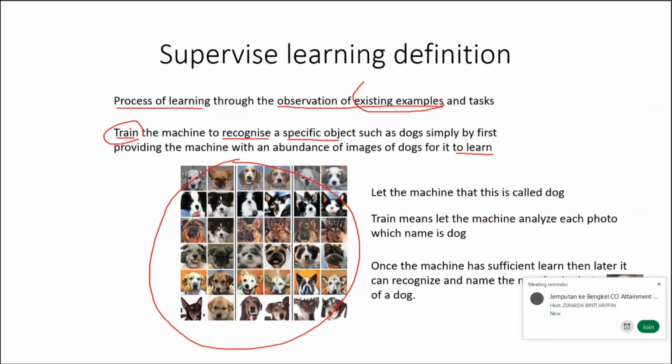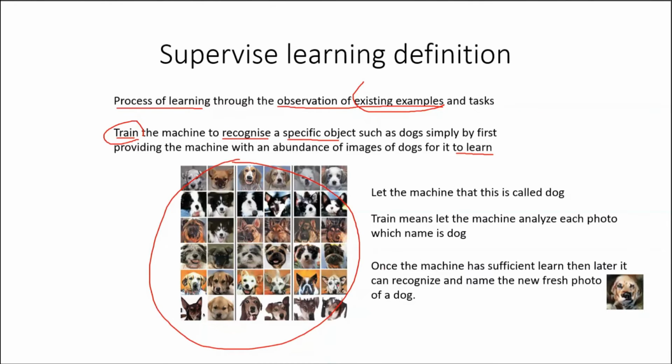So train means let the machine analyze each photo which is named a dog. So you're going to go through each one. Okay, once the machine has learned sufficiently, later it can recognize the name of a new, fresh photo. So when you give a new photo, it can say that this is a dog. Because when it analyzes this, it looks similar to what it analyzed before. Okay, you got what I mean?